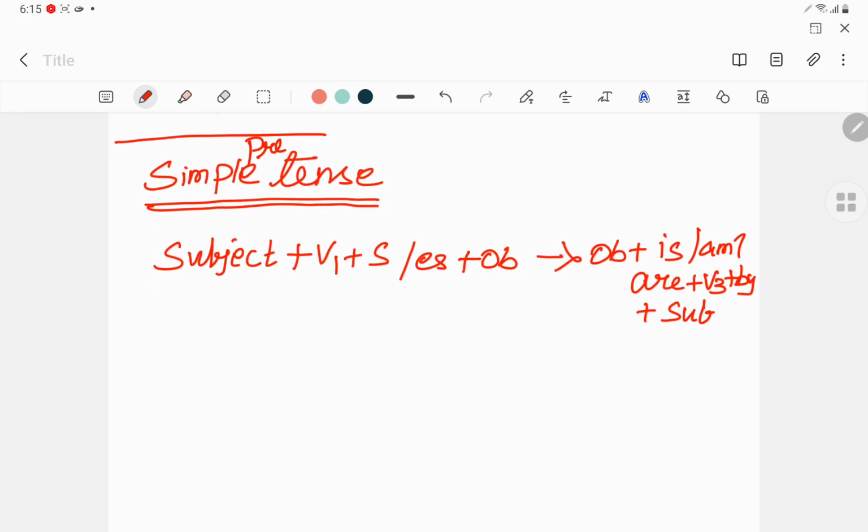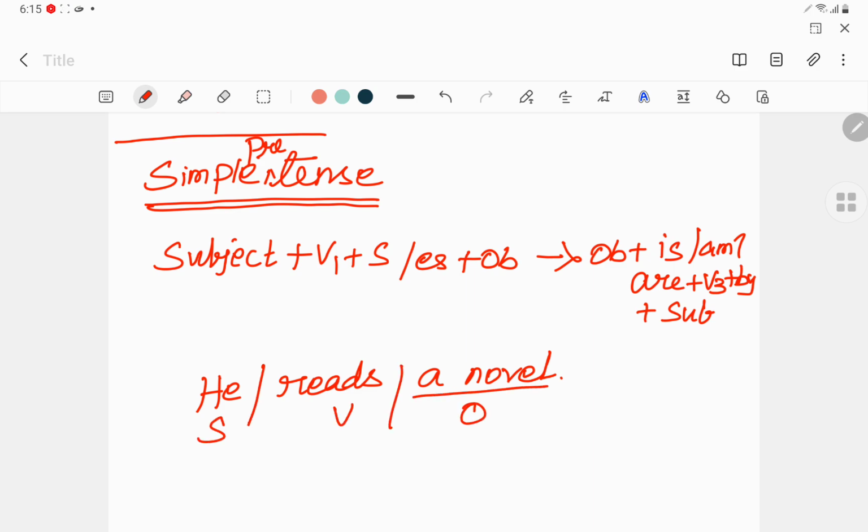For example, he reads a novel. Here you have subject, verb, object. He reads. What does he read? The answer is a novel.